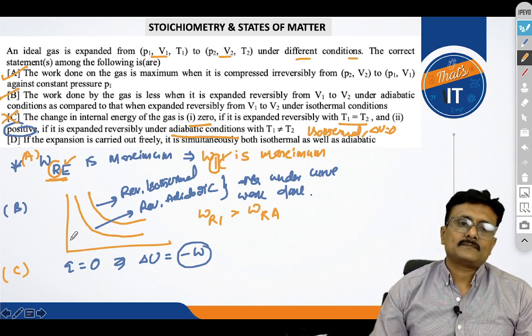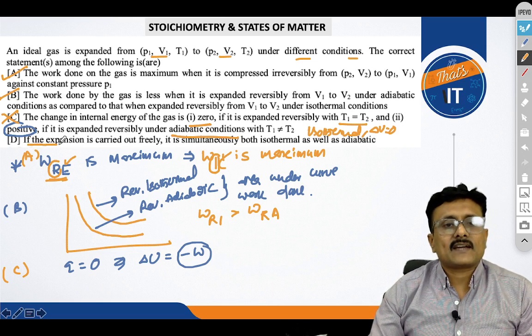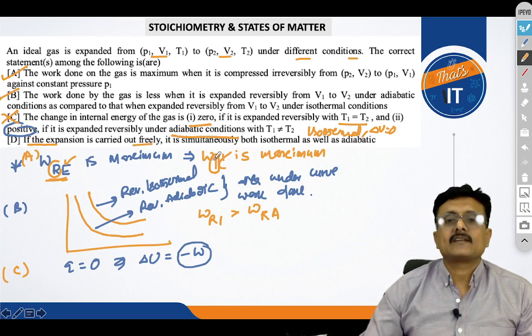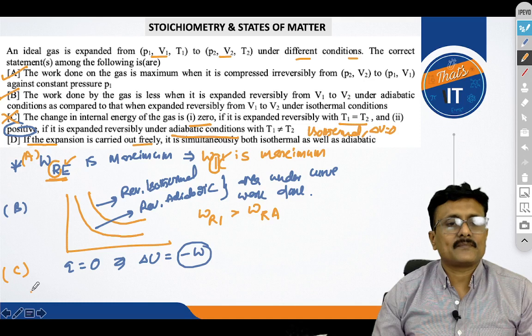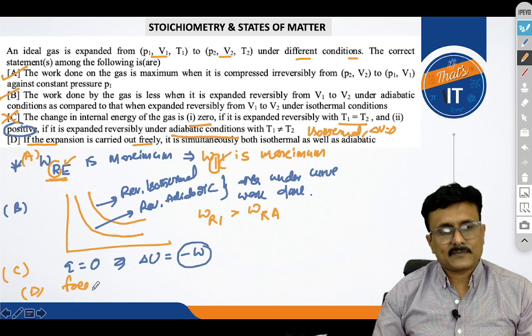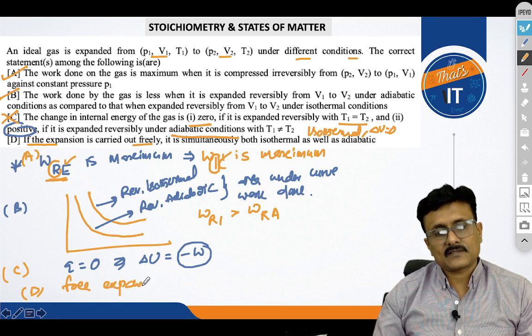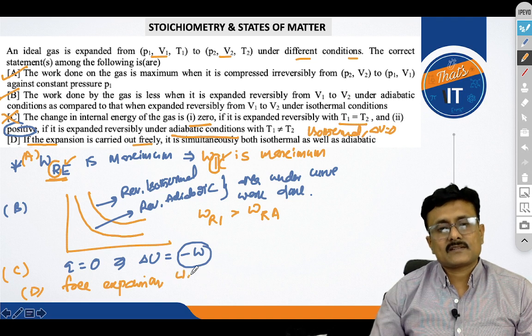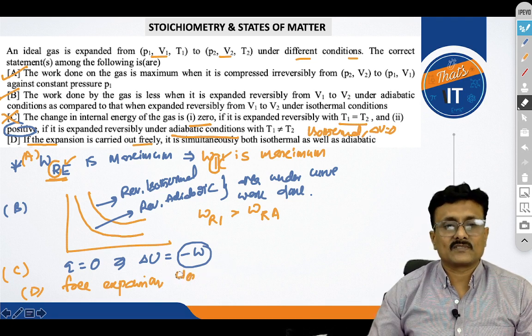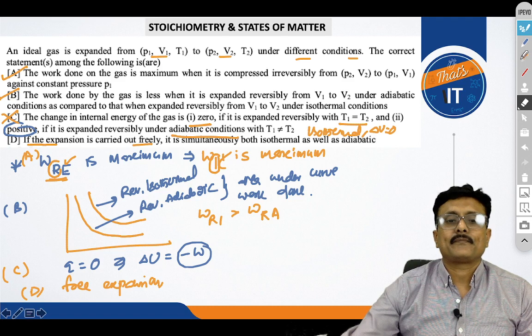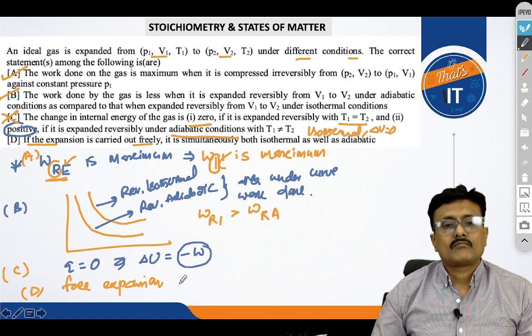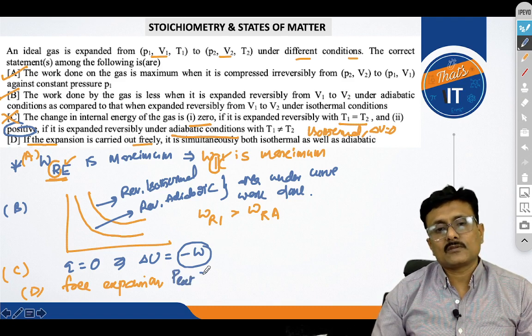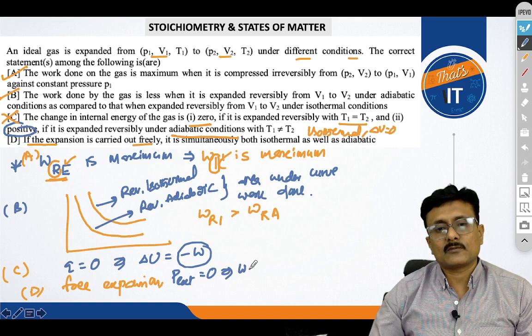Let's see the next one. If the expansion is carried out freely, option D. What do you mean by free expansion? Free expansion means the external force applied is 0, P external equal to 0. This implies work equal to 0.